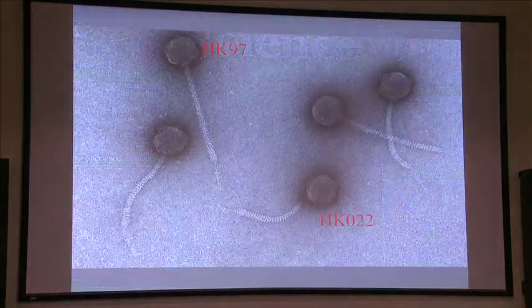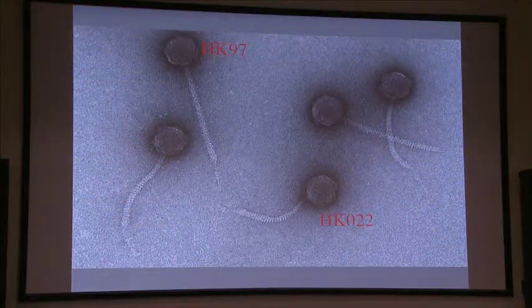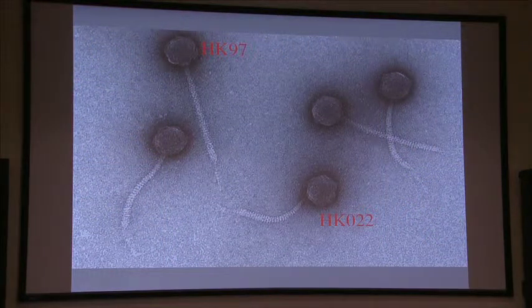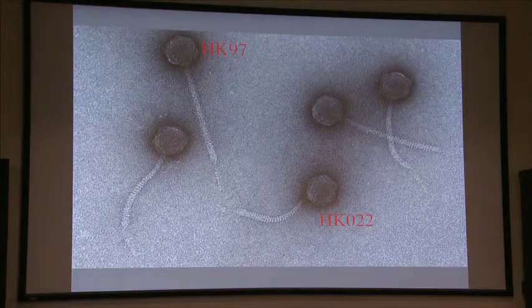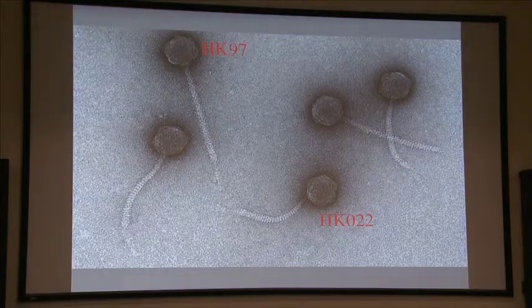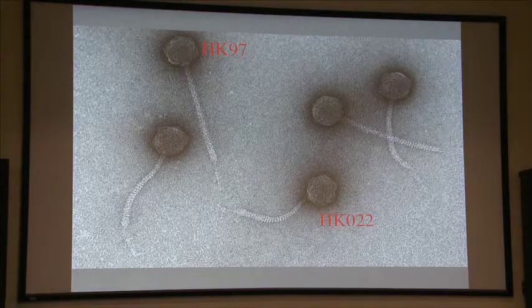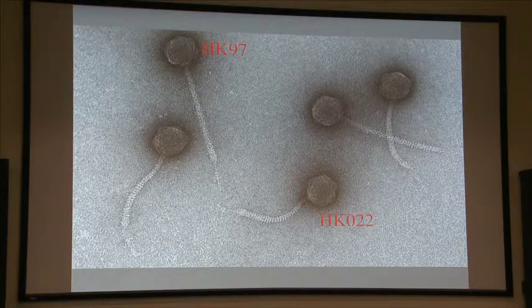So that was P22. And now I'd like to just take a few minutes to talk to you about HK97, where we were able to work at a much higher resolution using X-ray crystallography. So HK97 is a lambda-like phage.